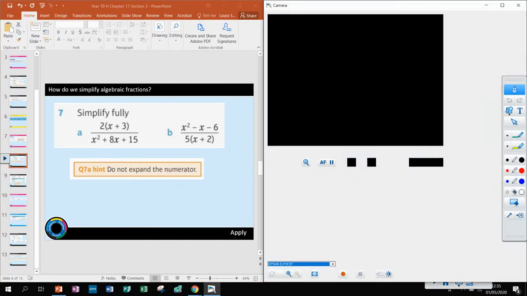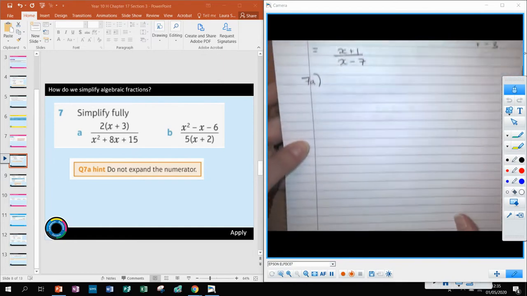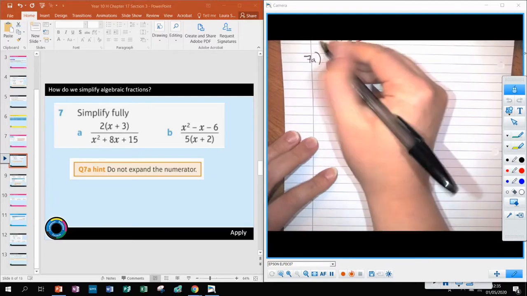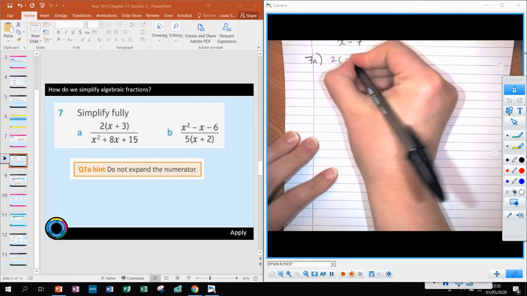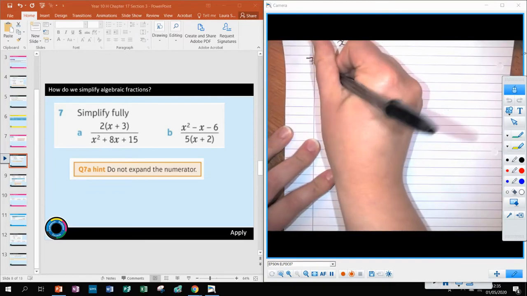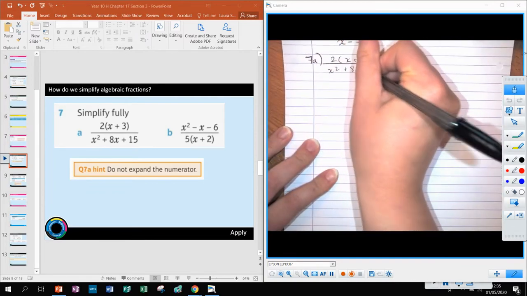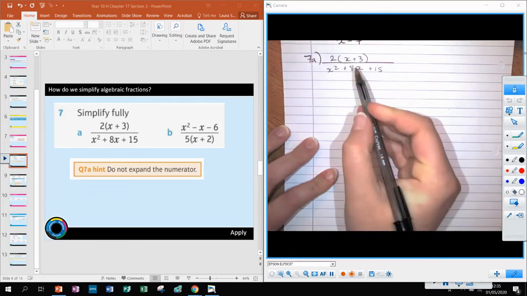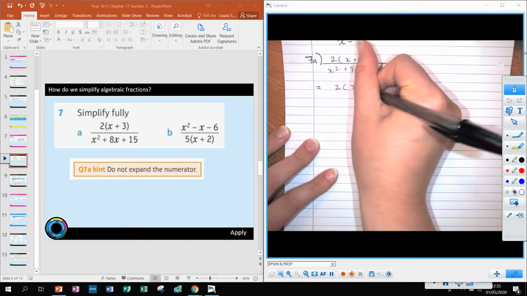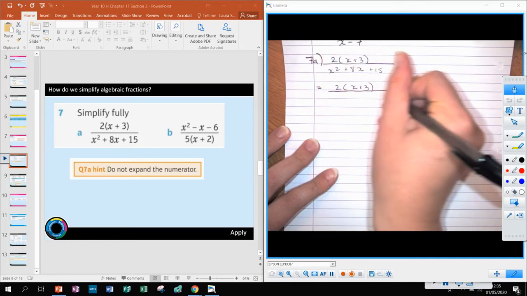There we go. Okay, so for 7a, we were given 2 brackets x plus 3 all over x squared plus 8x plus 15. Now, I'm going to use the top as a hint. Since I have an x plus 3, I know that I'm canceling down.